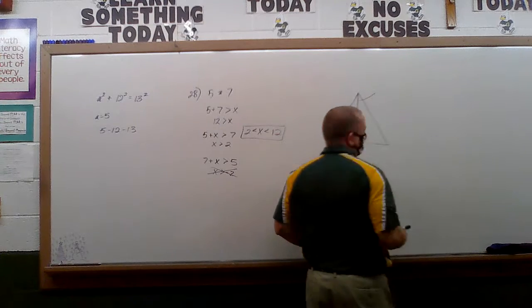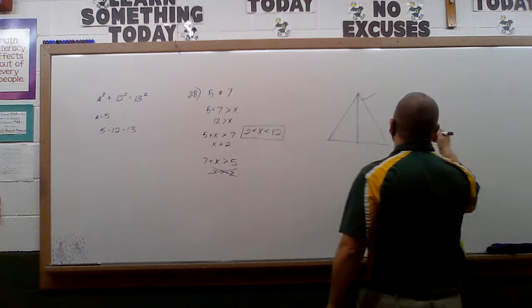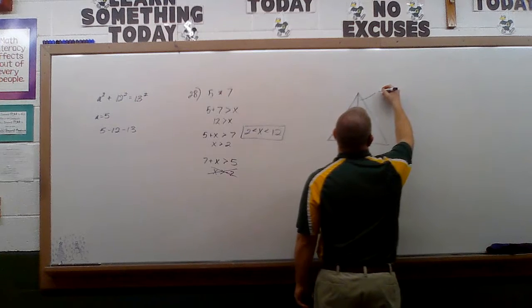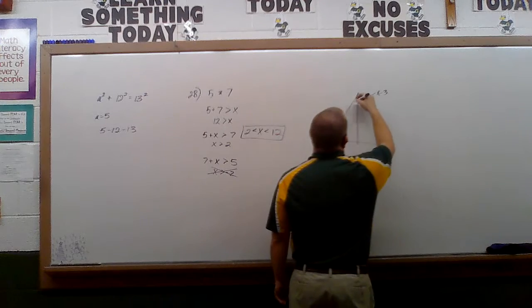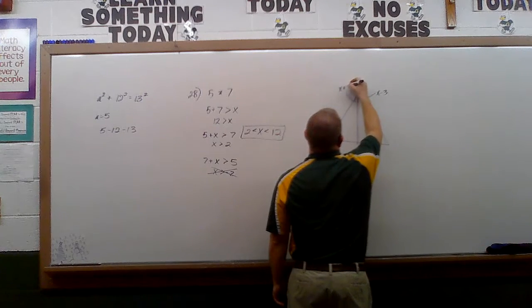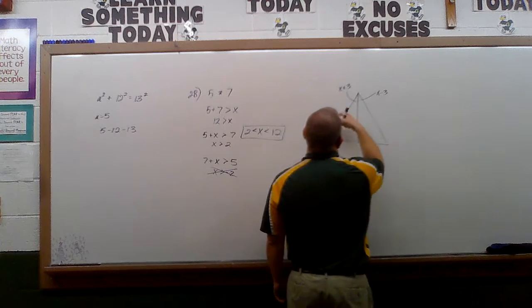For number one, the top one, the angle is x minus 3. Then the other one's x plus 3. Then the two sides are 10, this side and this side?